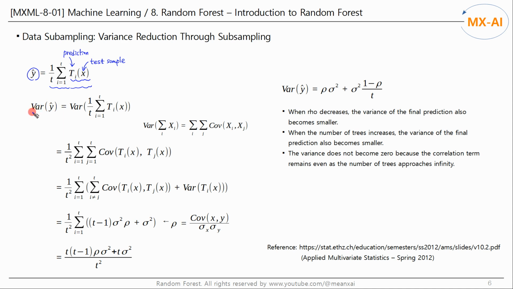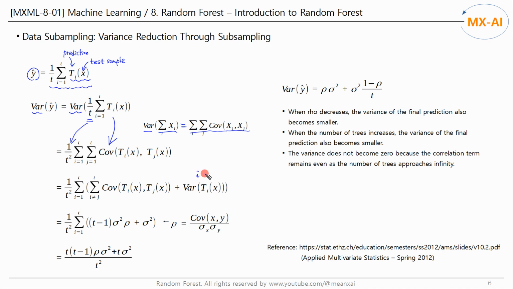Now let's apply the variance operator to both sides of the equation. On the right-hand side, the constant term 1 over t can be factored out of the variance as its square. Since the variance of a sum can be expressed as the sum of all pairwise covariances, we can rewrite the right-hand side as follows.